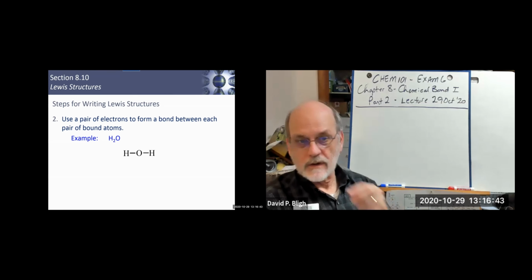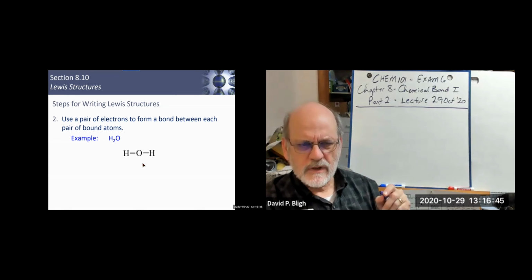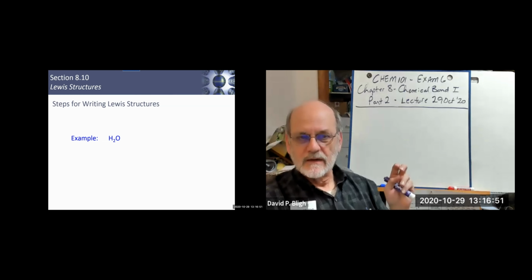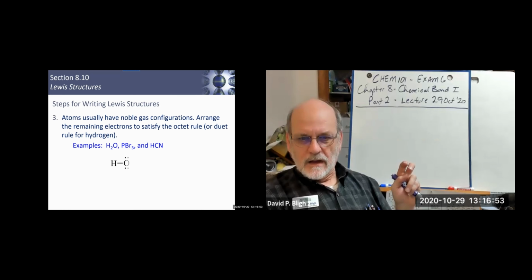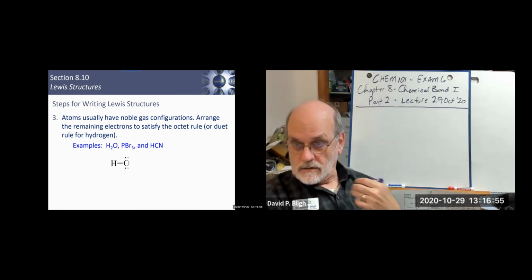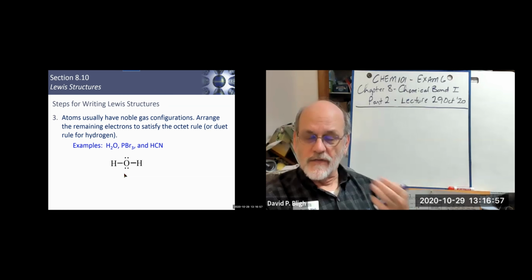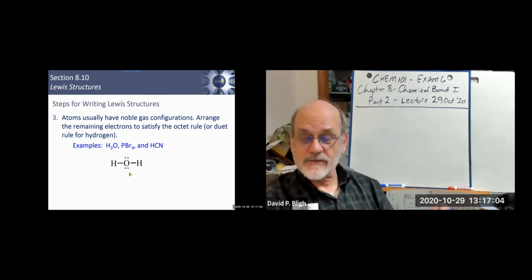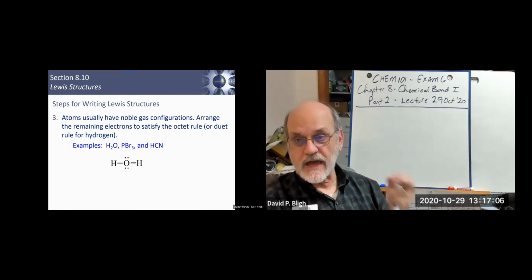Those are the leftover. So our extra 4 electrons go on the oxygen, lone pairs, right? There's a pair, there's a pair. And then you can satisfy yourself, do we have all of our electrons accounted for?